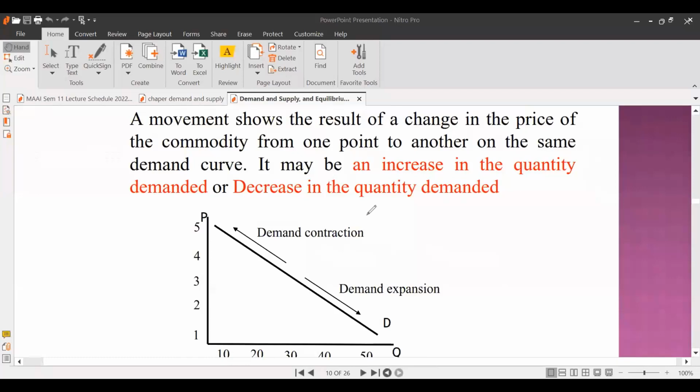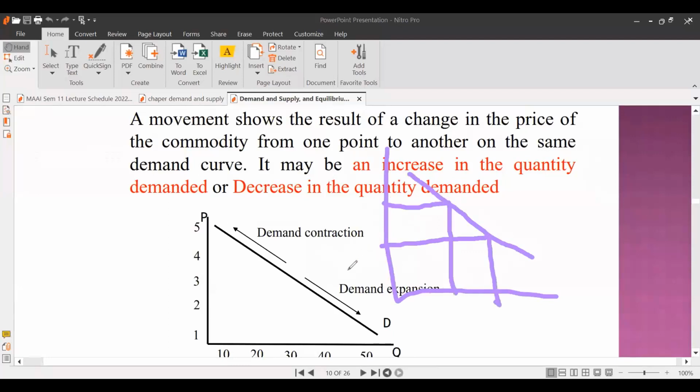For example, if there's a price increase from 10 to 15, point A to B, what happens? The quantity will reduce from 1,500 to 1,000.